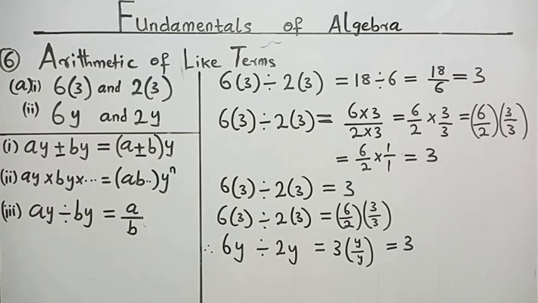So the message I want to pass here is that like terms are terms in which the constants available quantify the same thing in the same power. So far, it is power 1 we have been using all along. And this y is power 1, this y is power 1.